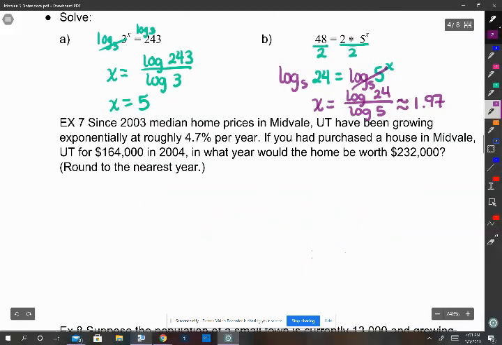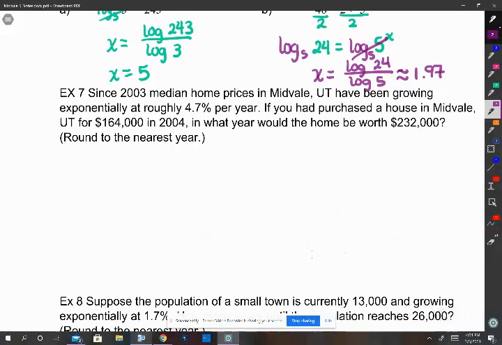So as we look at example 7, it says in 2003, median home prices in Midvale, Utah have been growing exponentially at roughly 4.7%. So this is our R value, so our R value is going to be 0.047. It says if you purchase a house in Midvale for $164,000 in 2004, so this is our P sub 0. It says in what year would the home be worth $232,000? So this is P sub n.